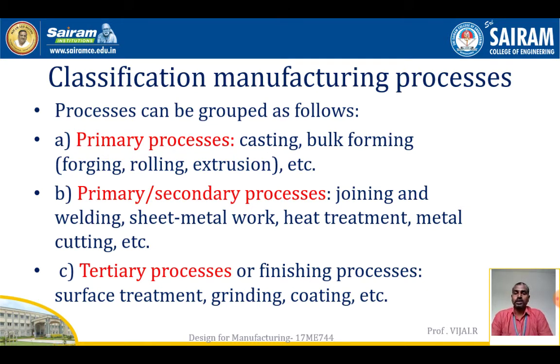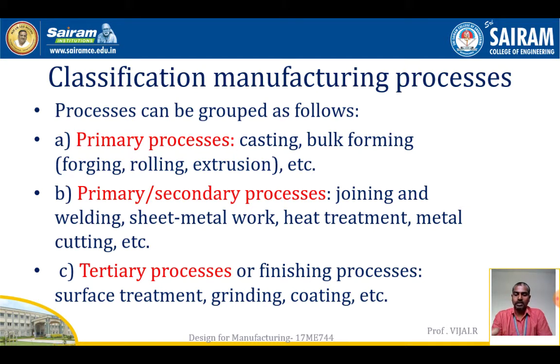In that, there are three stages: primary process, secondary process, and tertiary process. The primary process includes making the raw material into a form. We take raw materials in the form of iron ores, and by some process we make them into casting or bulk forming, etc. That is the primary process.